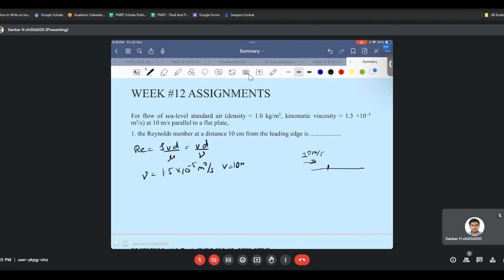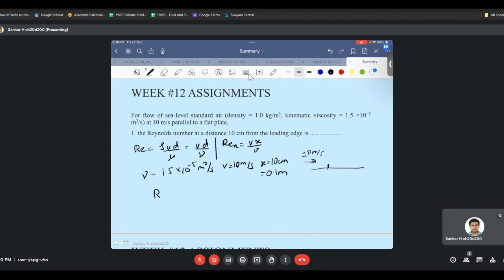Now, since this is a flat plate problem, we have to consider the Reynolds number defined as Rex, where x is the distance from the leading edge. So we have to consider Vx by nu, and therefore we substitute the value of x as 0.1 or 10 centimeter, which is basically 0.1 meter.